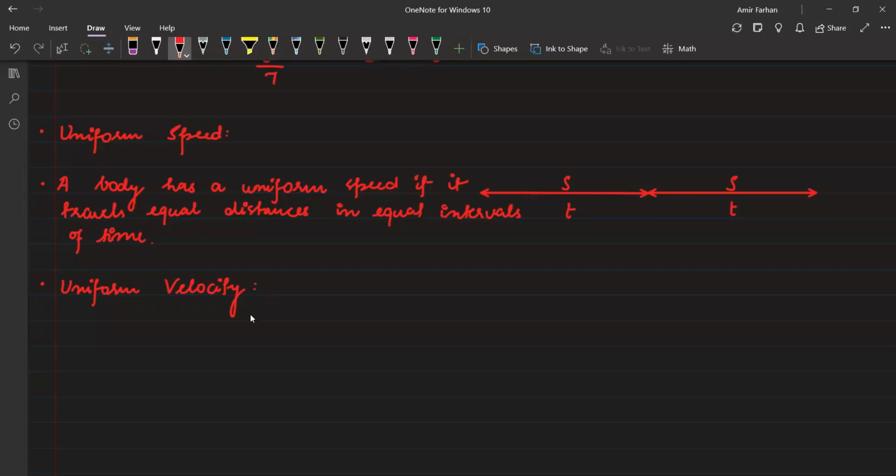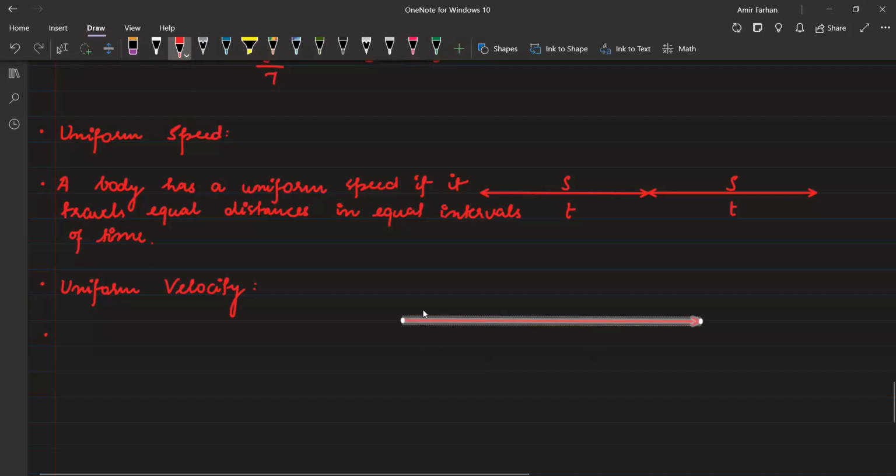So if you talk about uniform velocity, a body has uniform velocity if it is traveling in a specified direction along a straight line. It means the body is going in this direction only.